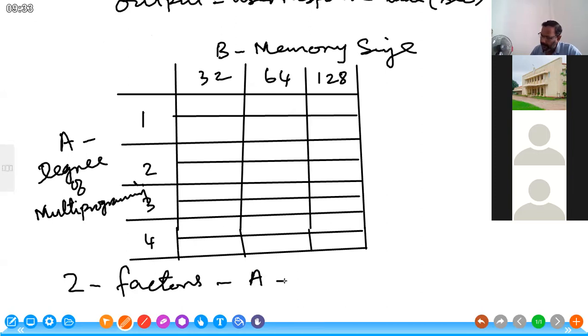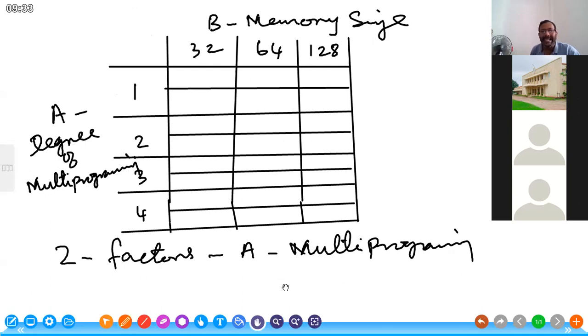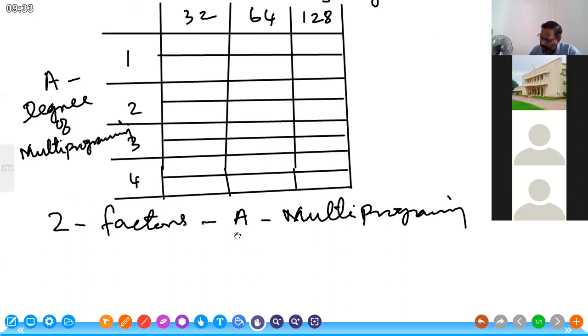Factor A is multi-programming. B is memory.